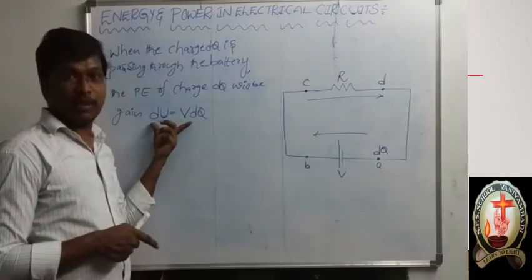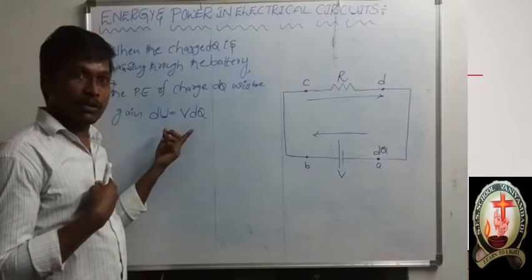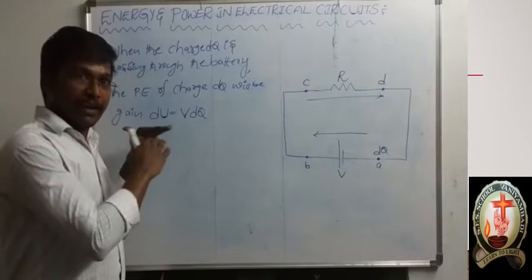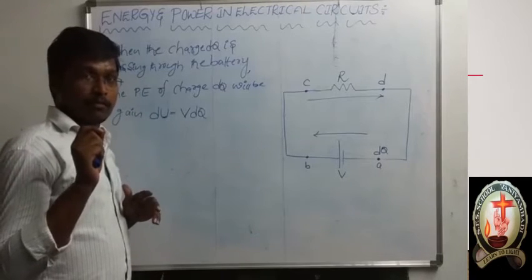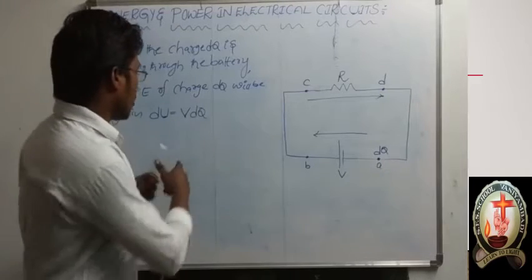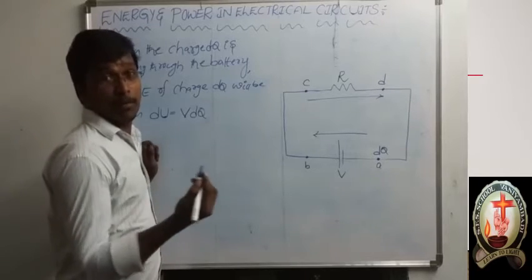How did you get this expression? How did we get this expression? Anybody knows? Anybody remembers? It is very good. So here, how did we get this? Actually, we know what that is. What is the potential formula?